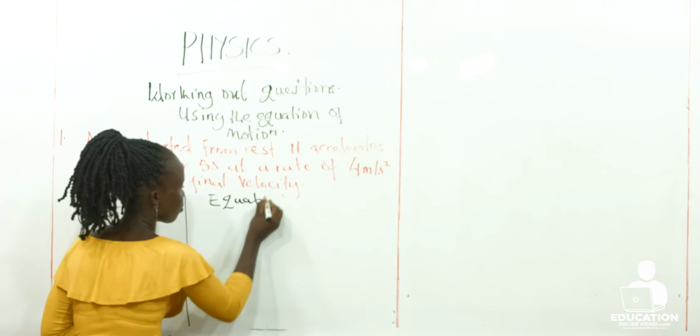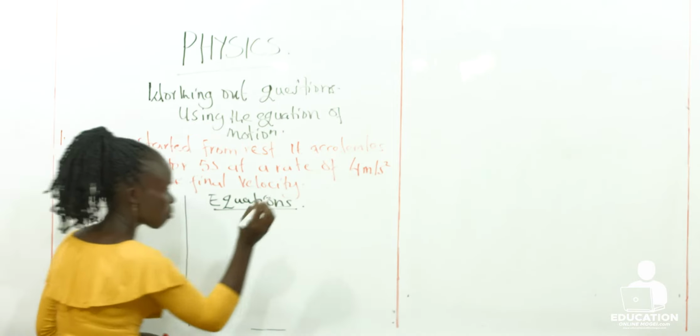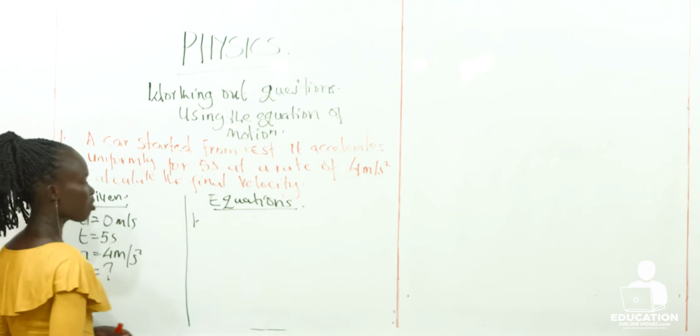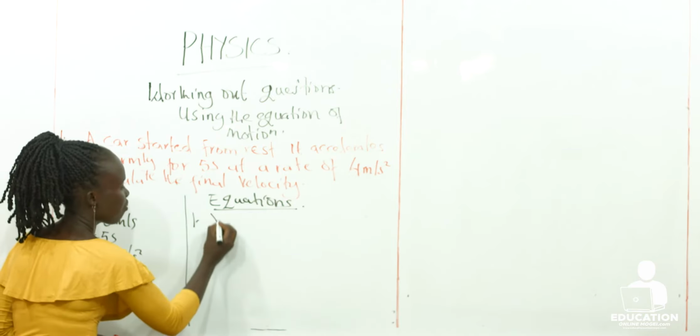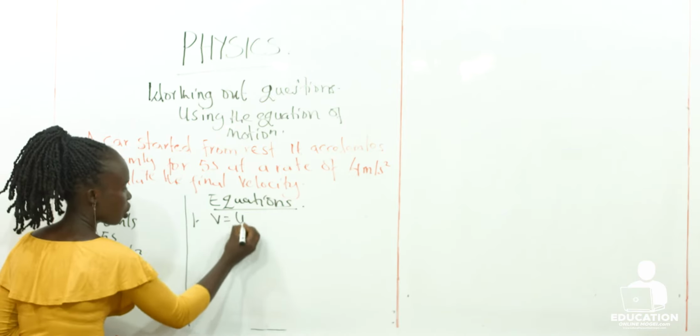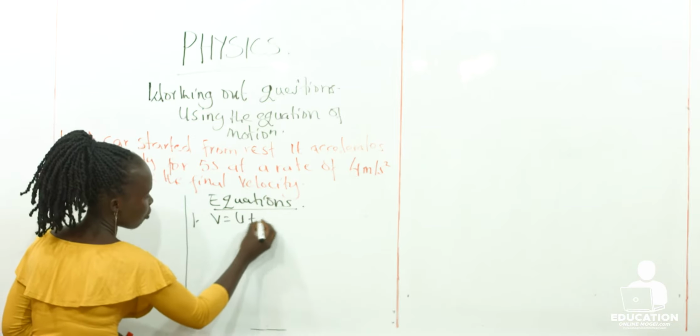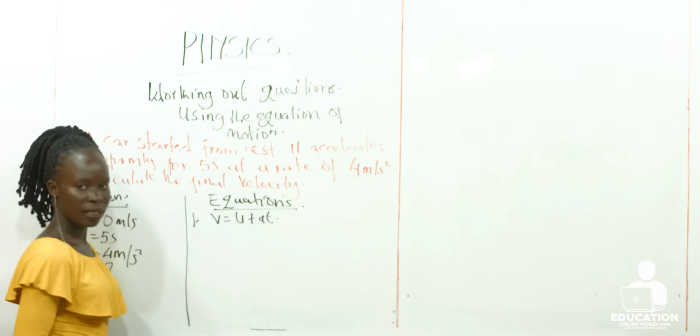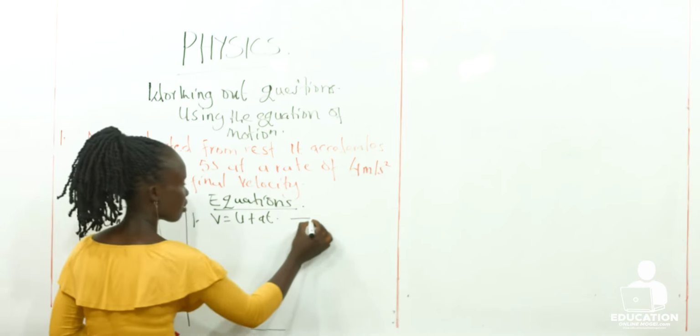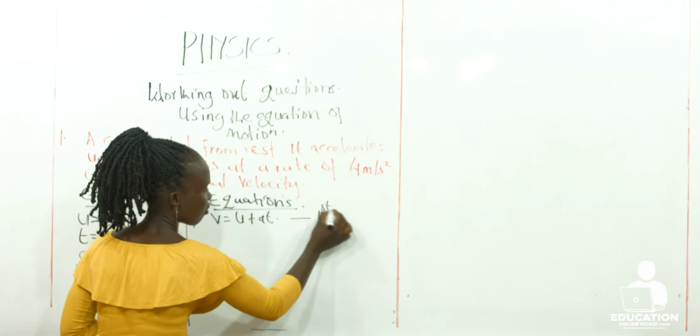Starting from the first one, our first equation is v equals u plus at.